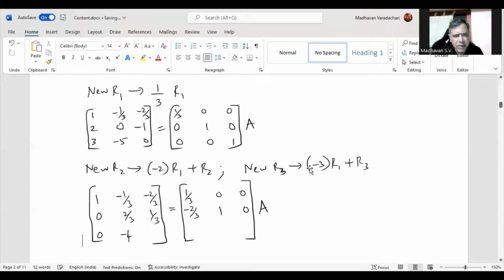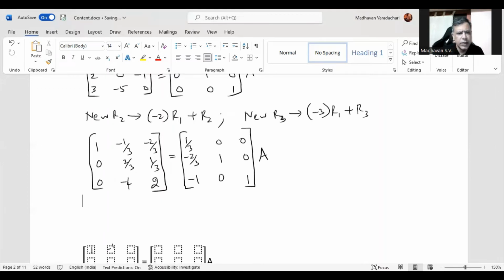Then minus 3 into minus 2 by 3 gives 2, and 2 added with 0 gives 2. Now minus 3 into 1 by 3 is minus 1, and minus 1 plus 0 becomes minus 1. Then minus 3 into 0 plus 0 is 0. Minus 3 into 0 is 0, and 0 plus 1 is 1. So that is done.